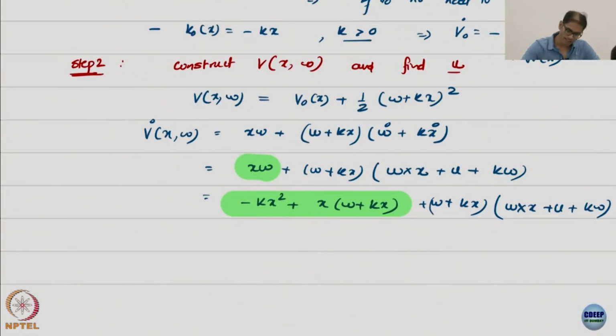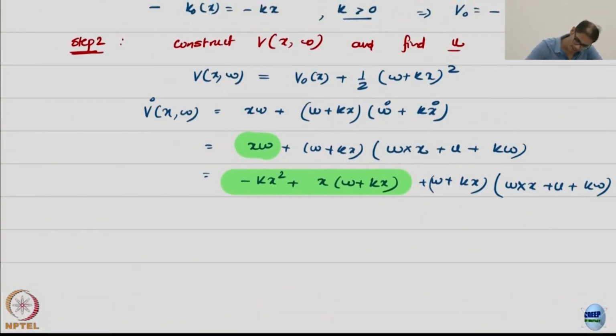Yeah, all I did was write this term in terms of the new variable that I have created, right. I want to write everything in terms of the new variables, which is x and omega plus kx that I have appearing, okay. That is what I did. I wrote this omega as omega plus kx minus kx, and that gives me this guy, alright. And now I know that this term can be combined with this term, okay, no need to take transpose either, it's too easy, right.